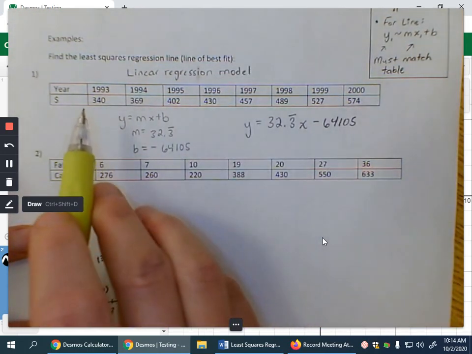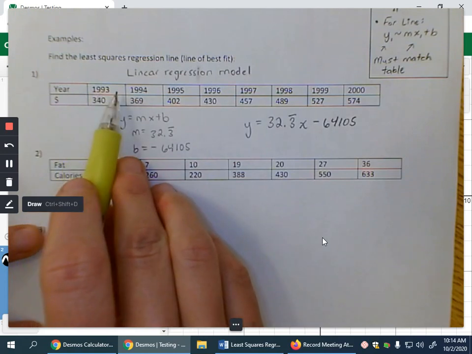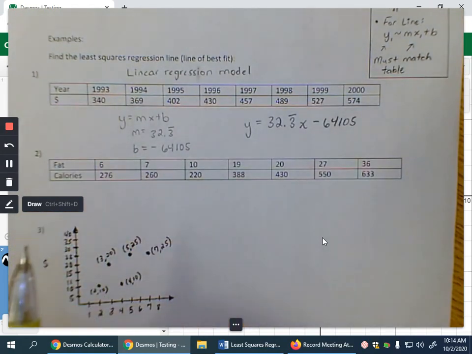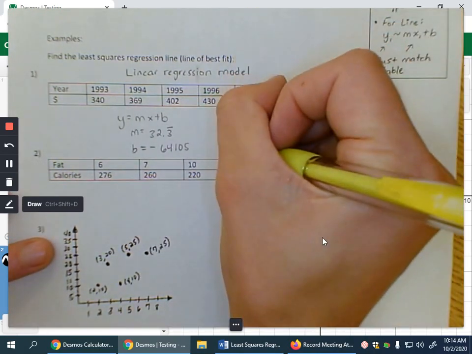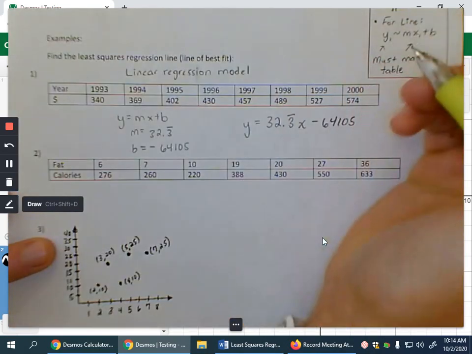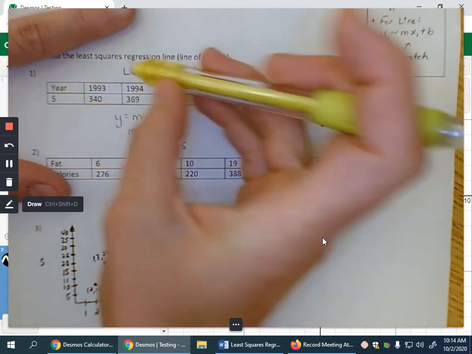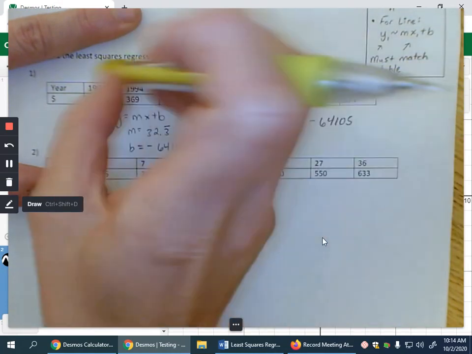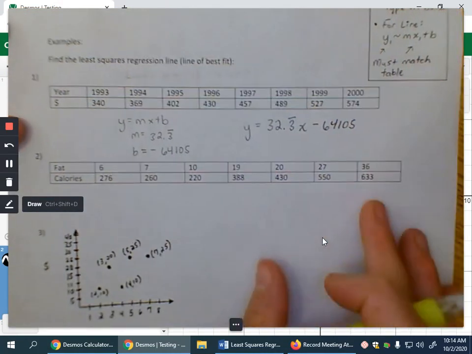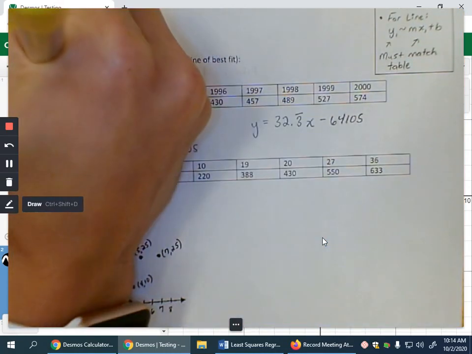If they say something like years since 1993, then you will not be able to type the years in as you see them. You're going to have to actually type different numbers. So you're going to type in however long that year is from 1993.